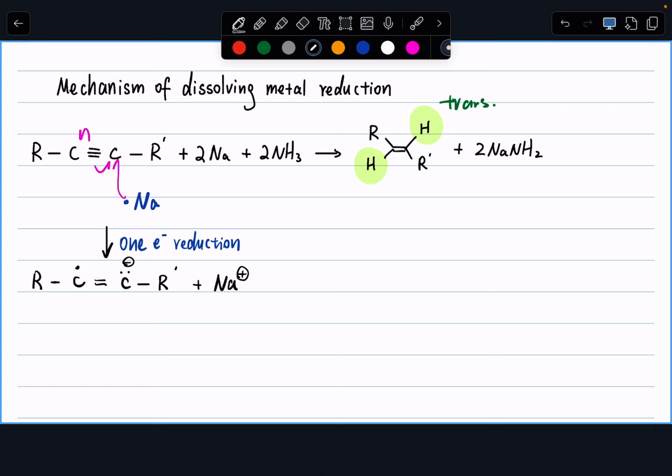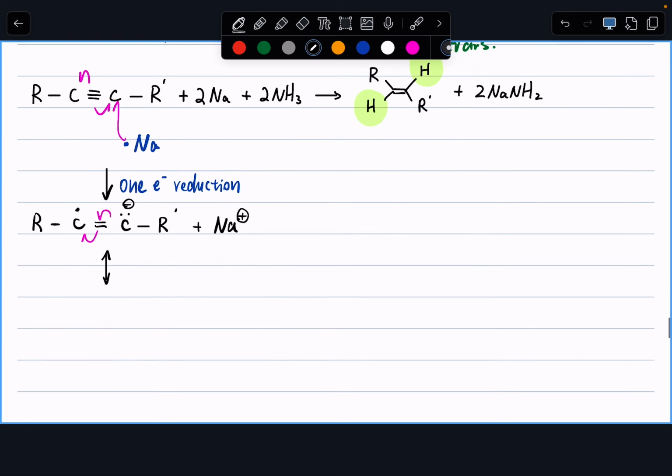All right, in this case, there's a resonance structure we can potentially draw, which is, well, what if we push the electron here to have the anion on the different carbon and the radical on the right carbon. And these carbanions are very strong bases.